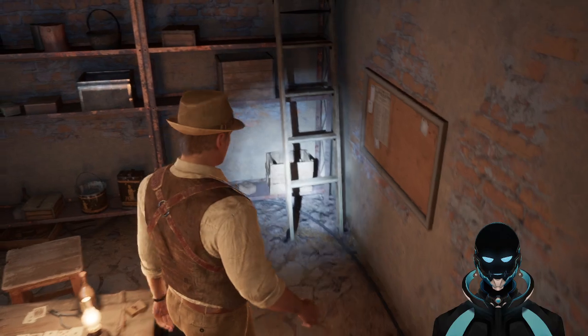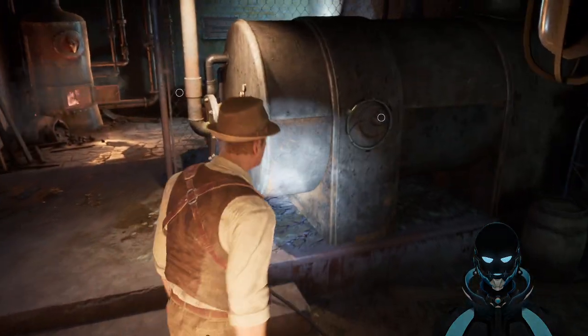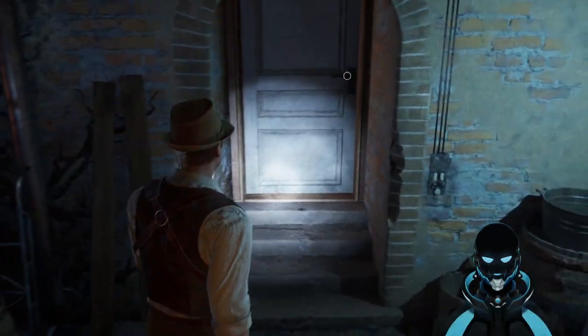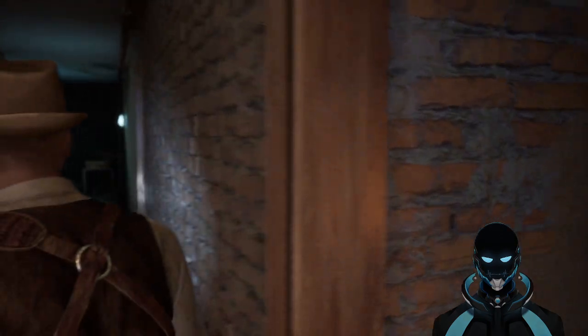That doesn't look safe. Look in that other room we didn't go through.